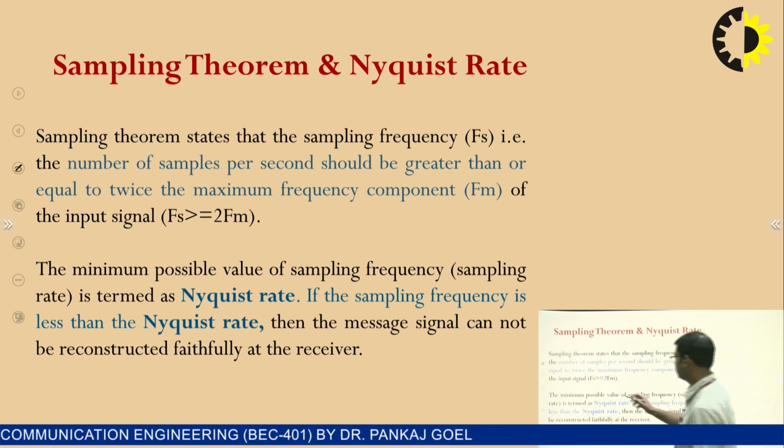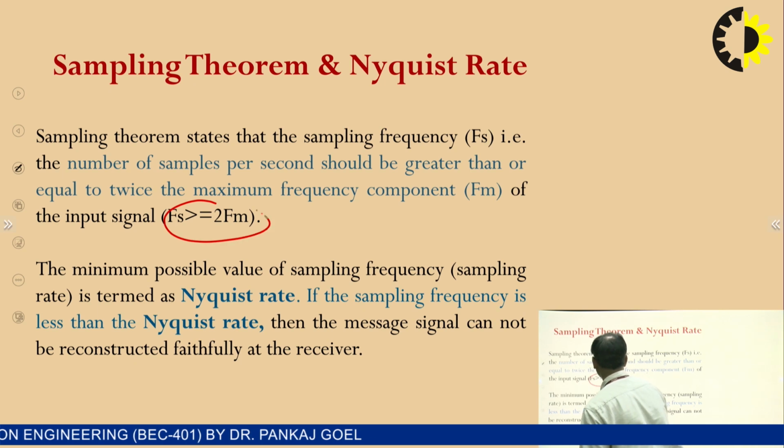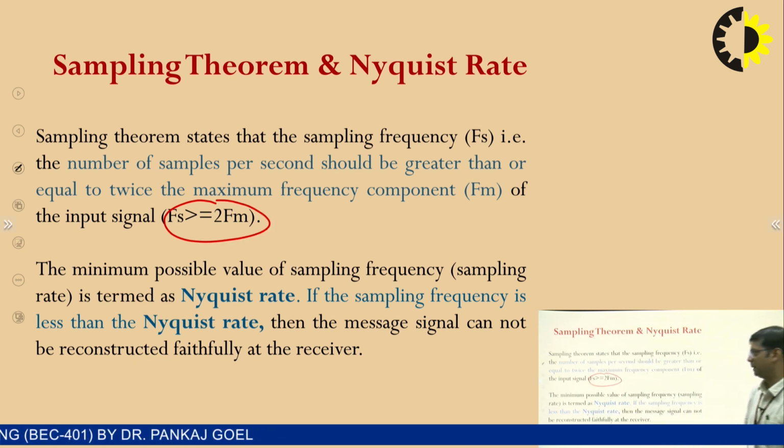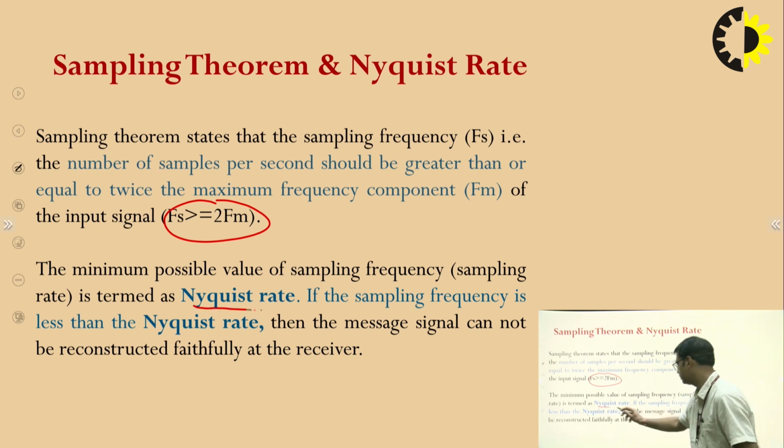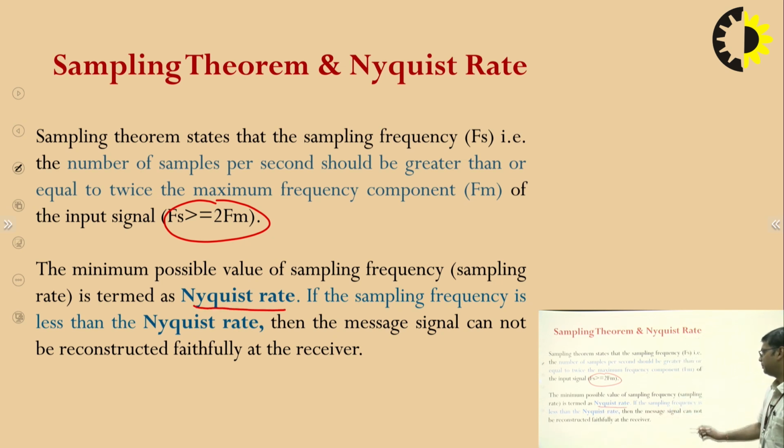So, that is our definition of the sampling theorem, that the sampling rate should always be greater than or equal to 2 fM for it to be faithfully reproduced at the receiver. And the minimum value of this sampling rate is known as the Nyquist rate. If the sampling frequency is less than the Nyquist rate, then the message signal cannot be reconstructed faithfully at the receiver.